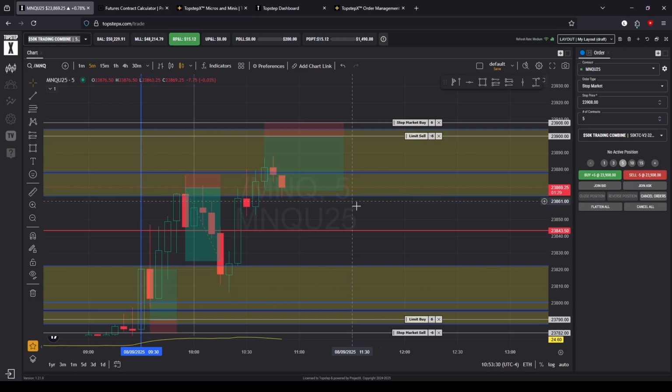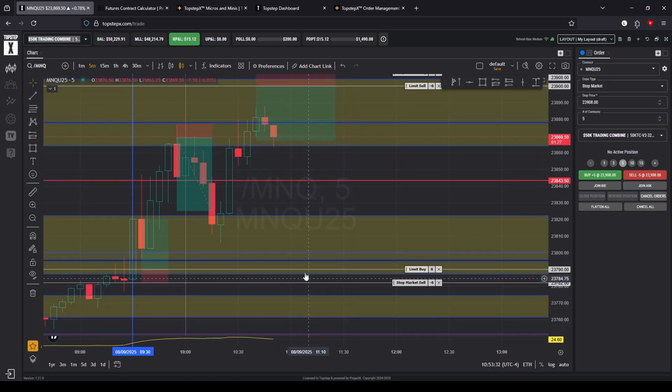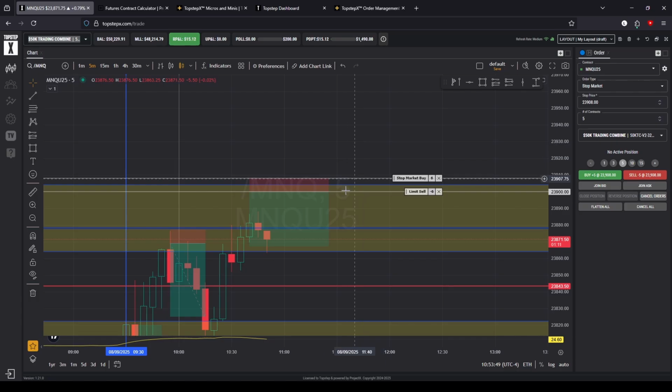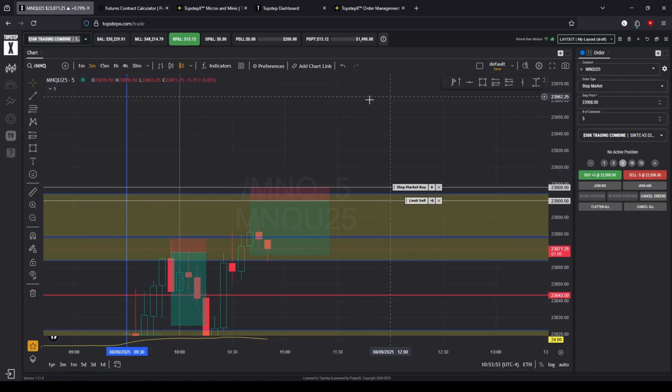And like I said, I'm not interested in taking a short here, because my take profit is very close. I'd have to think about it for a while, or my stop loss would be all the way up here, which is just crazy. And then for here, I would not go long beyond this point, because I don't know where to put my take profit. I don't have a reason.